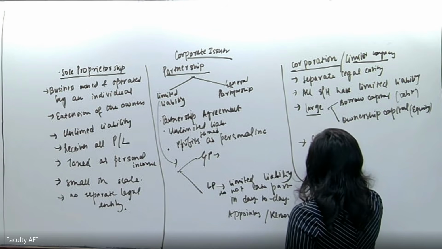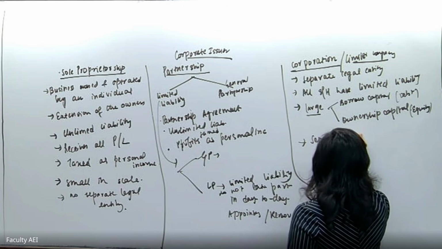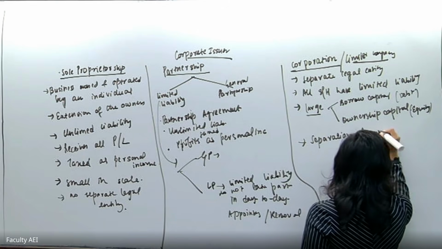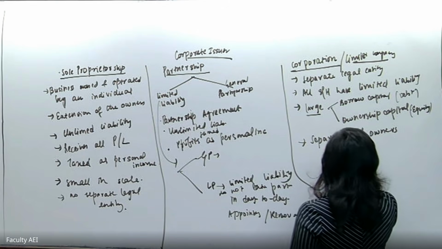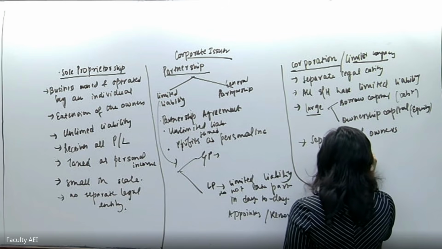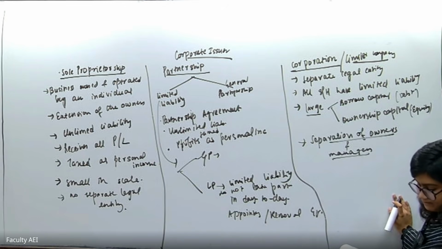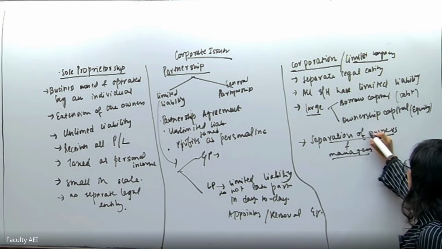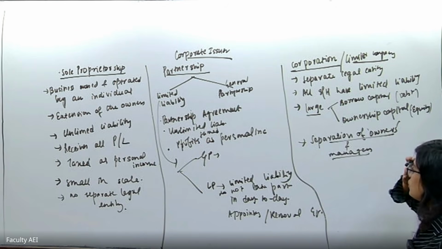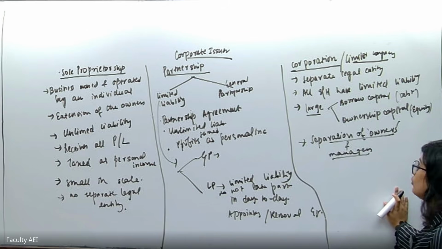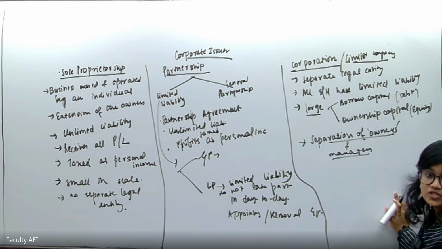There is a separation of owners and managers. Not every owner is managing the day-to-day operations of the business. So not every person who has bought a share of the company would automatically be in a position to manage the day-to-day operations of the business.